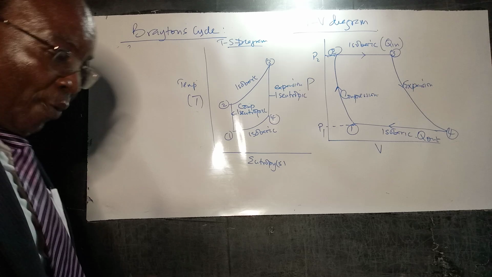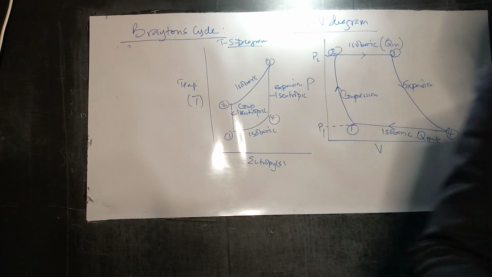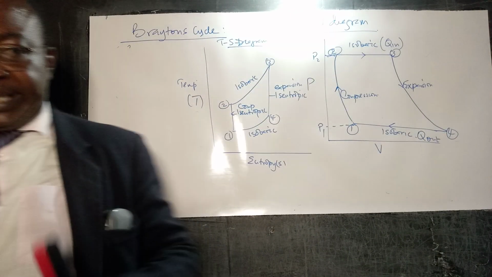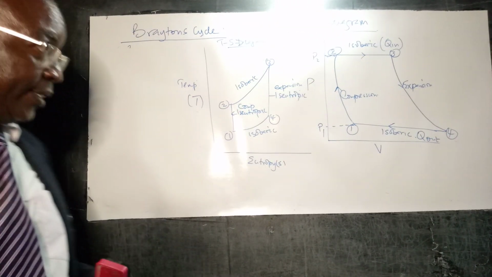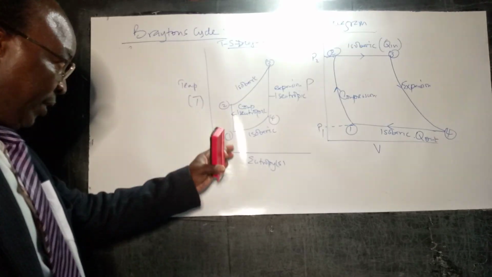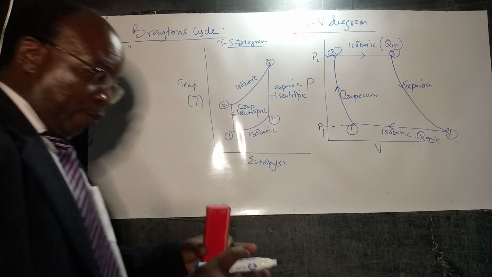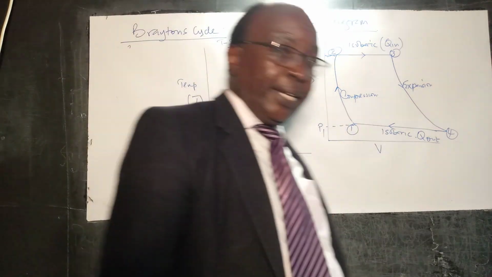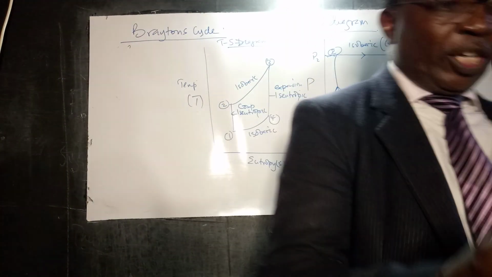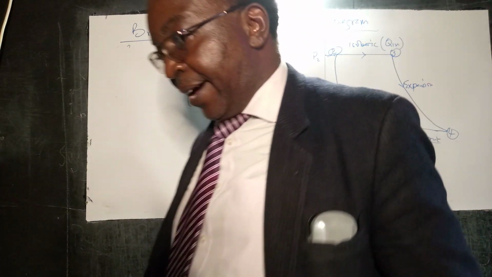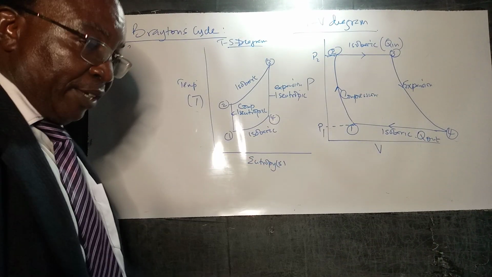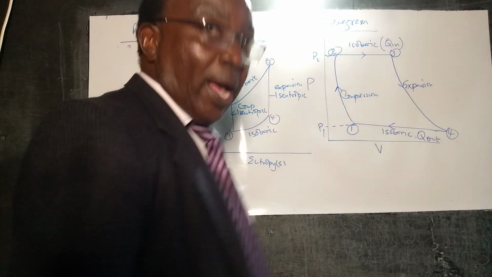So we just have the two cycle diagrams on the pressure-volume matrix and on the temperature-entropy matrix. Now, we have said that in the Brayton cycle or Joule's cycle, the fluid is gas. And so we have the process where the fluid is compressed. It's moved to a heat exchanger. From the heat exchanger, the pressurized gases move into the turbine, expand, do work.